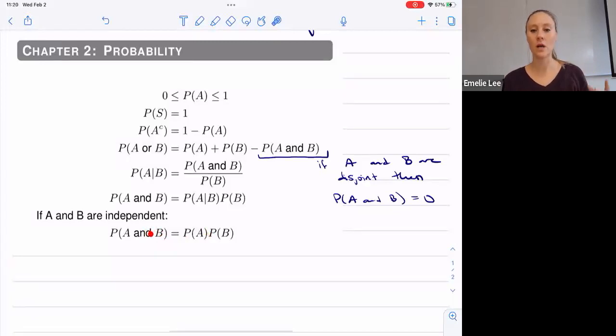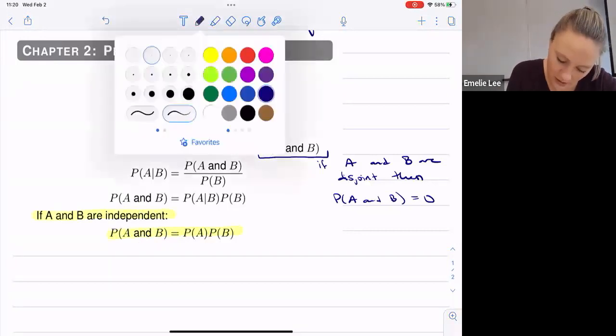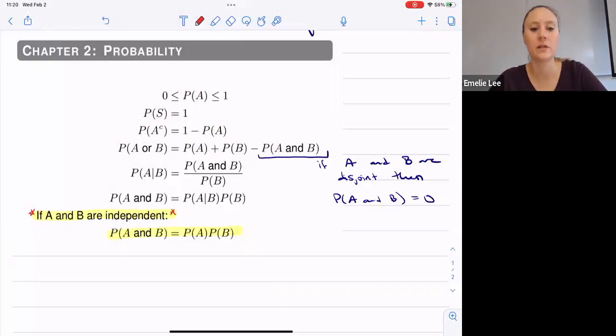Unless it says A and B are independent, we can't use this formula to find the probability of A and B. Then we have to use something like this. That's why I have them this way on the formula sheet, even though we introduced it the other way. It's really just if A and B are independent, and I want to put stars around there, as a caution.